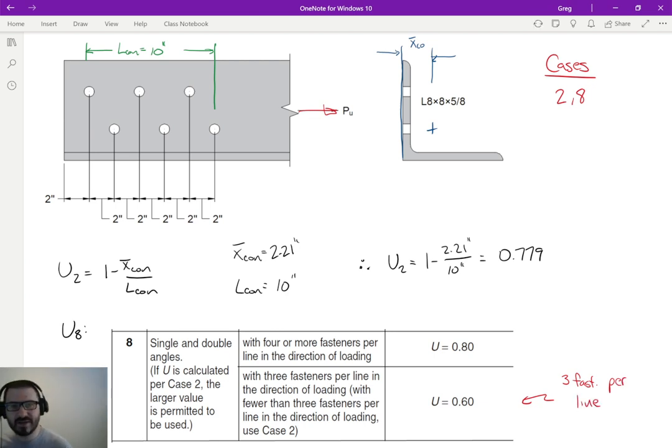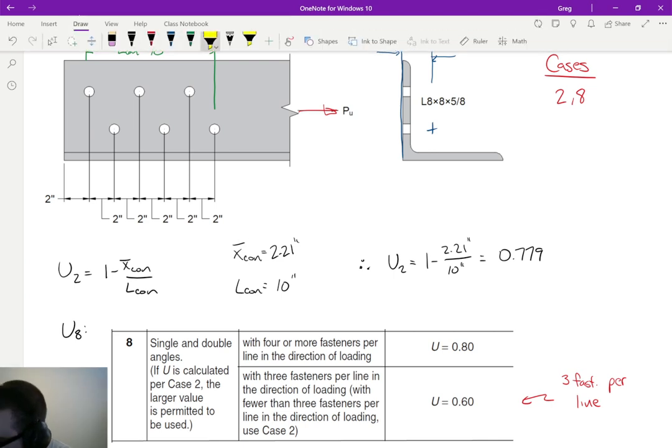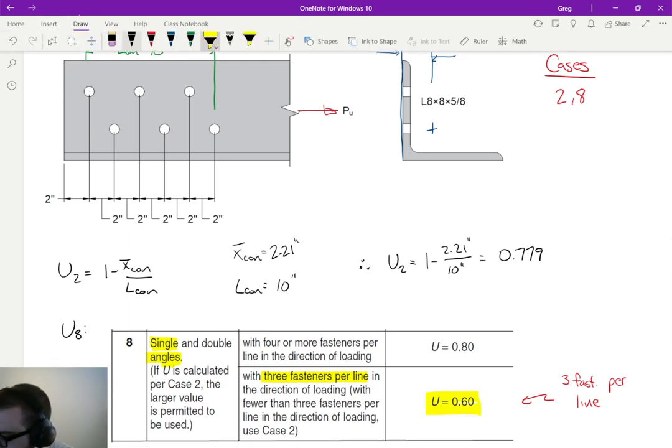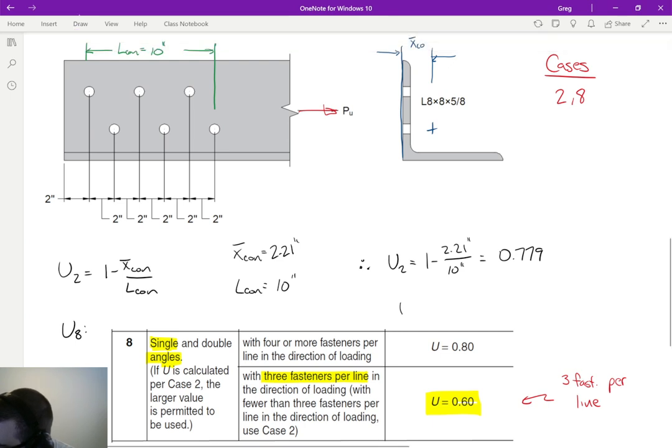We have single and double angles, and because we are dealing with a single angle, we have 3 fasteners per line. That's our U value. U8 is 0.60.